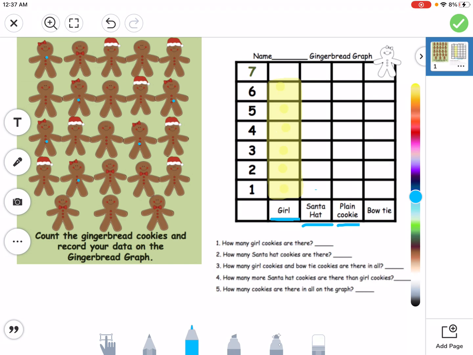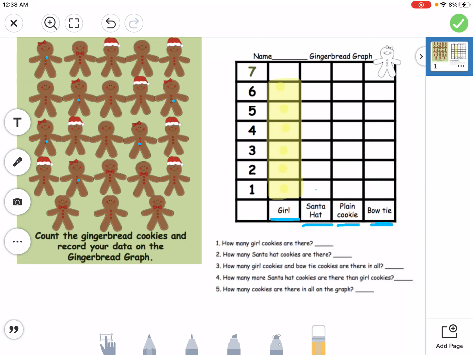So these are the plain cookies right here. Okay, then you're going to count those and color in how many boxes there are of those. Then you're going to count the number of bow ties. The gingerbread with bow ties, so they're boys, they have ties on. So you're going to count those and then color in however many boxes.